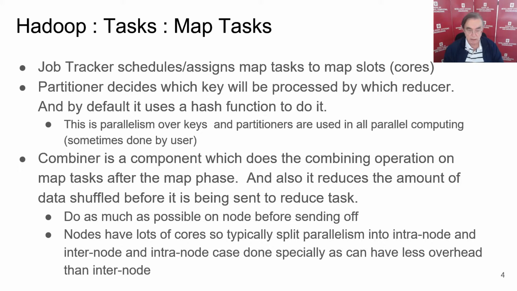So the combiner does the reduce operation, but the reduce operator is confined to a node. This is typical, actually, again, in all parallel computing. You need to separate intranode, inside the nodes, and internode, between the nodes, because the trade-off in communication costs and everything is very different between these cases. And so that's a particular example of a rather common feature of parallel computing systems, so it's worthwhile noting it.